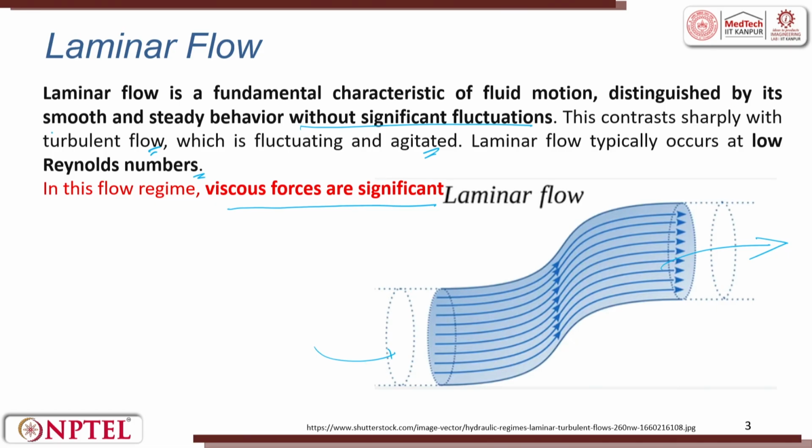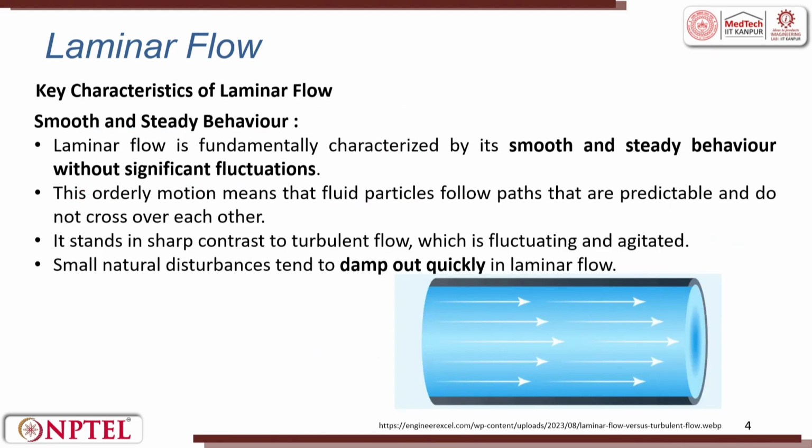So here, smooth steady behavior without significant fluctuation. The characteristic of laminar flow is smooth and steady. The laminar flow is fundamentally characterized by its smooth and steady behavior without significant fluctuation.